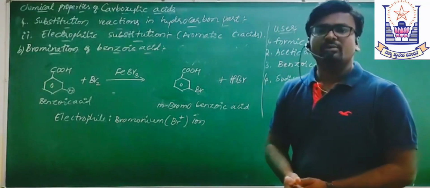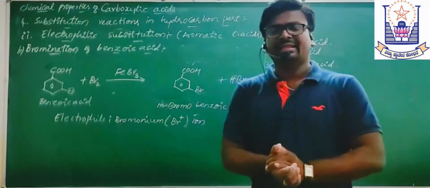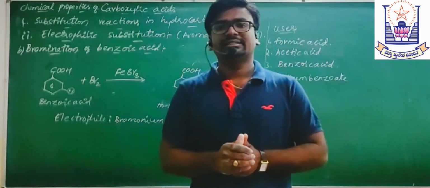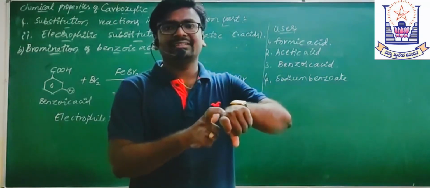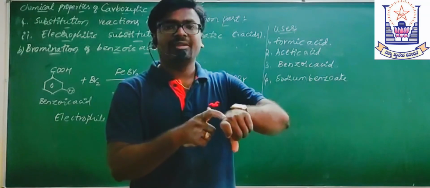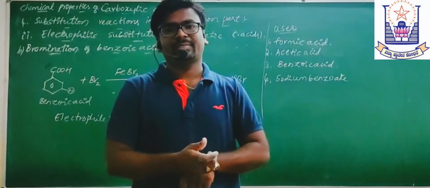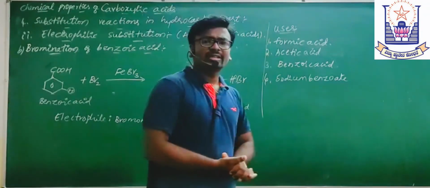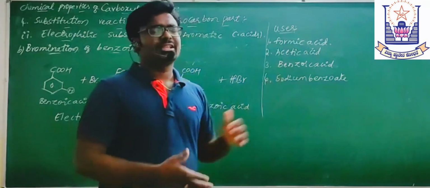Formic acid, you know, is available in red ants and honeybees. When a red ant or honeybee stings, it injects this acid, which is why irritation will occur. That is why it is called formic acid. That is the source of formic acid.